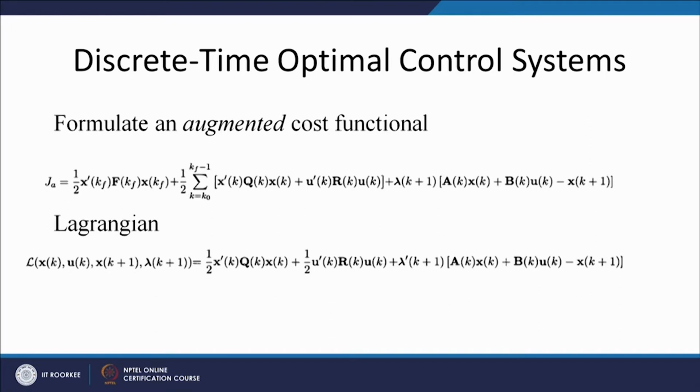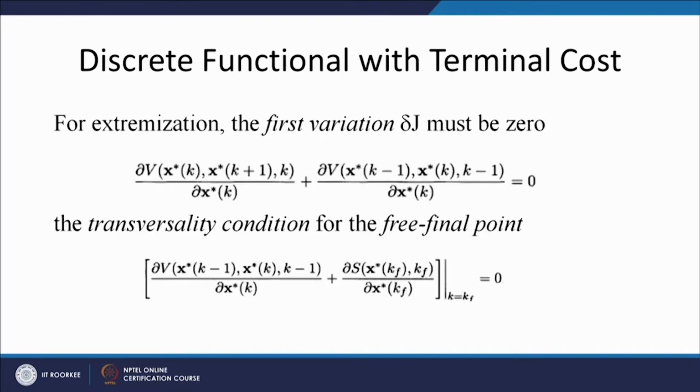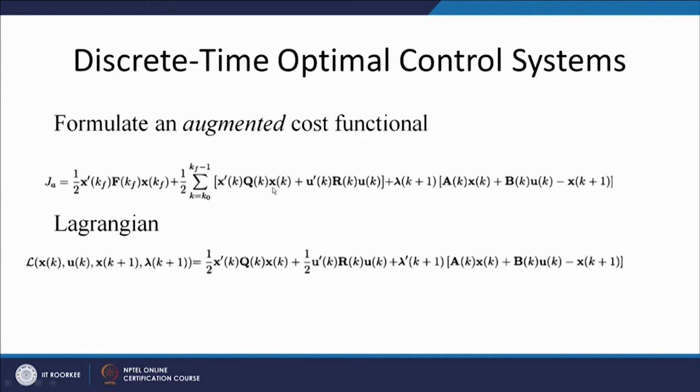This approach is similar to what we have done before. We found the first variation as del V by del x k, where V is a function of x star k plus 1 and k.